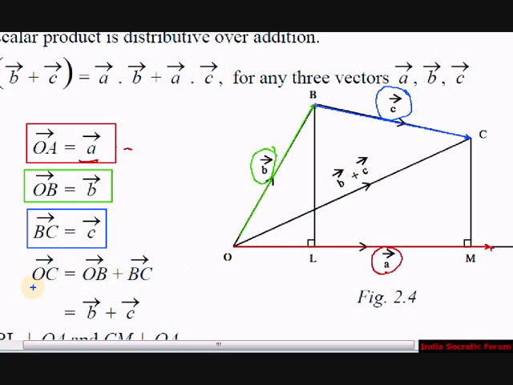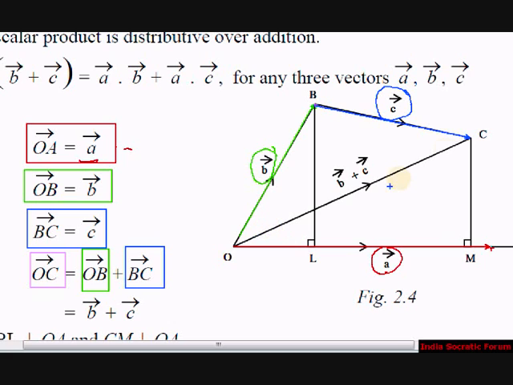We know the OC vector is the sum representation of B vector plus C vector. We know what OB vector is and what BC vector is.